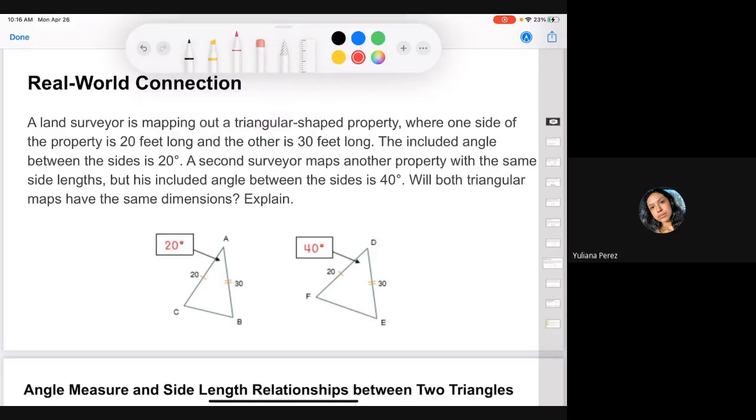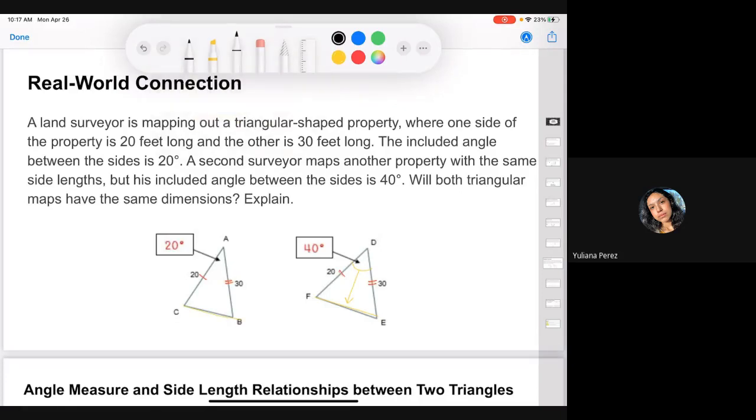let's see. What we have here is two triangles that have congruent side lengths. So next thing I want to look at is what is the included angle. What I notice is 40 is larger than 20, and so that would tell me that FE's third side will be greater than the third side of the other triangle.